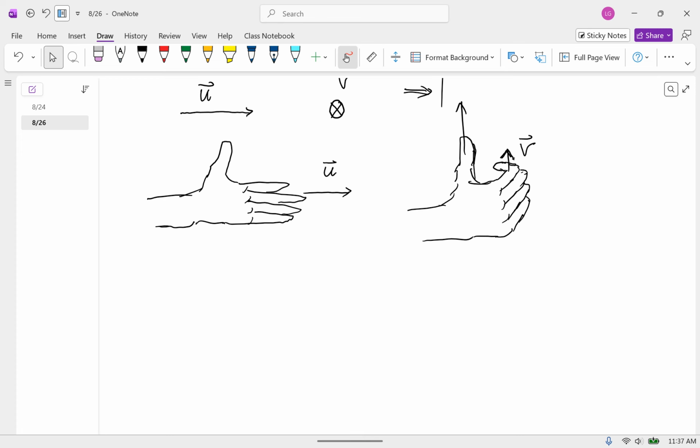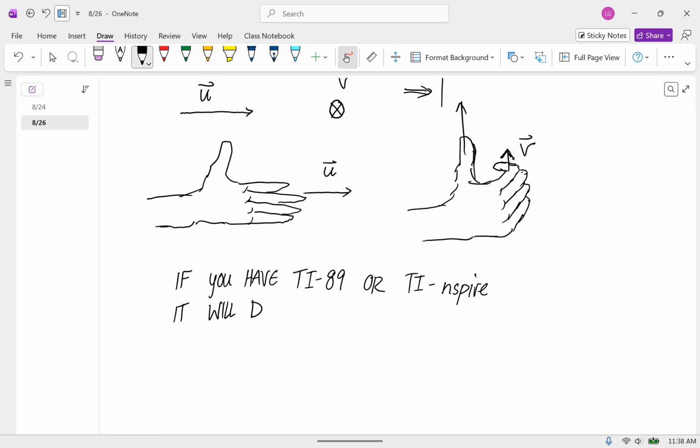It will do the cross product for you, and this is a time saver.